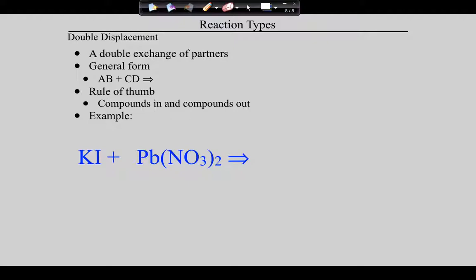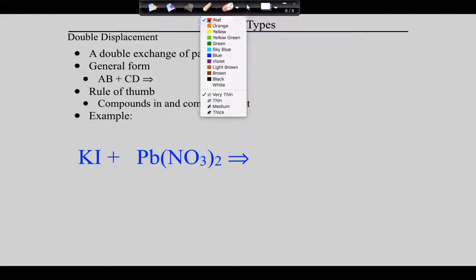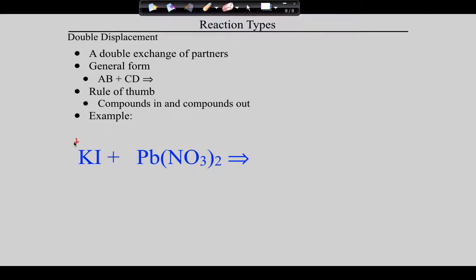Looking at your periodic tables, what are you finding? Charges. So let's grab some charges. Potassium, element number 19, can only be +1. What does that then mean iodine has to be? -1. Now, guys, we look up lead, element number 82 on the periodic table, and we find that it could be 2 or 4. Which one do we choose? We have to work it backwards.